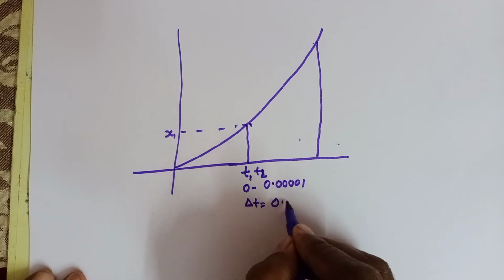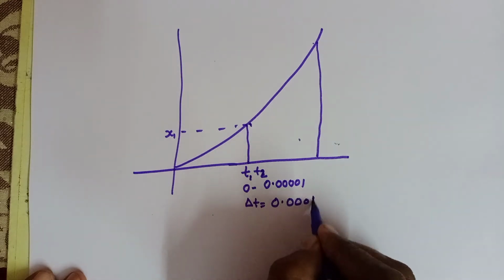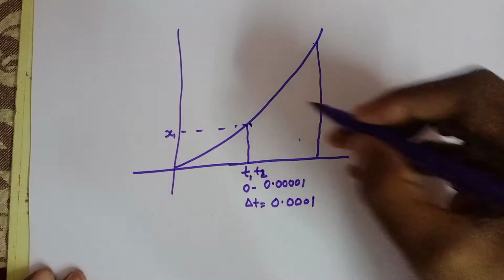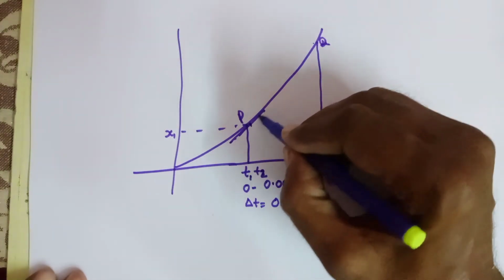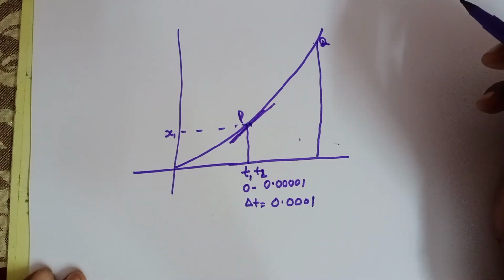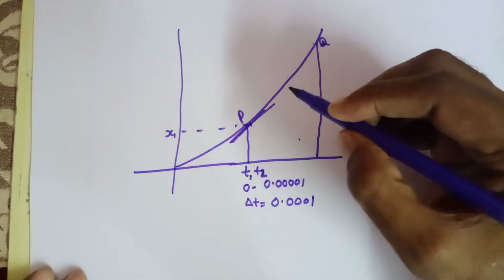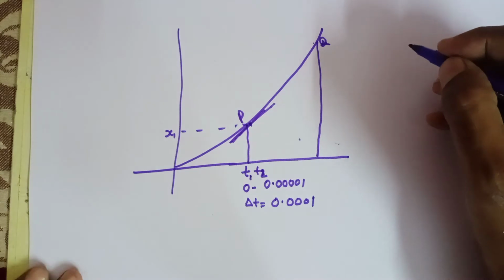Delta t will be 0.00001. So if this point is p and this is q, q will coincide with p, and we will get one tangent here. So the velocity at one particular instant.